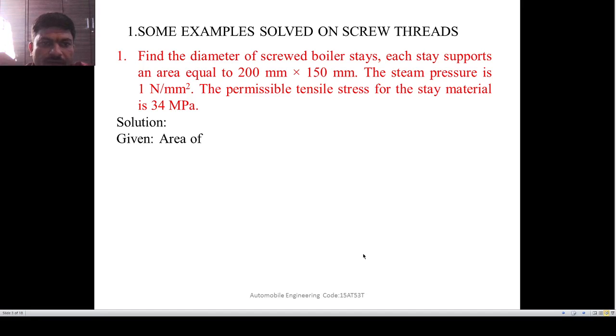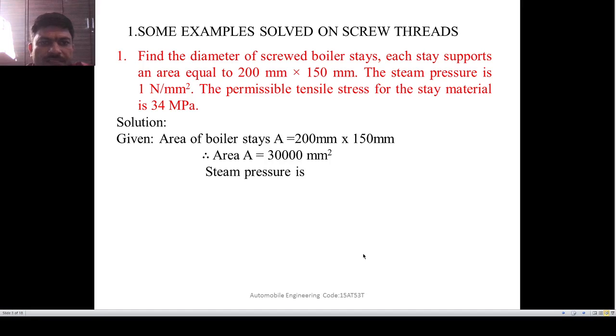So the area of the boiler stay, A, is 200 by 150 mm, which multiplied gives 30,000 mm square. The steam pressure is 1 Newton per mm square, and the permissible tensile stress is 34 Newton per mm square.